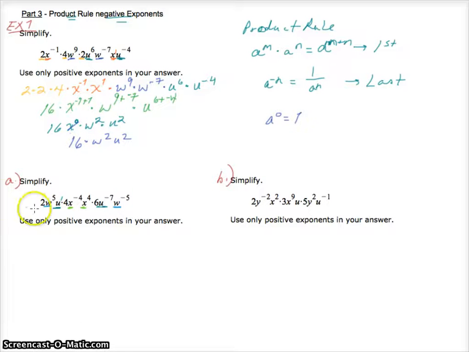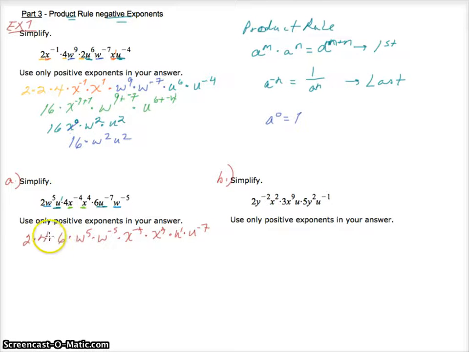So I'm going to rewrite this and collect my constants, 2 times 4 times 6, at the front, times w to the fifth, times w to the negative 5, times x to the negative 4, times x to the fourth, times u to the 1, times u to the negative 7.